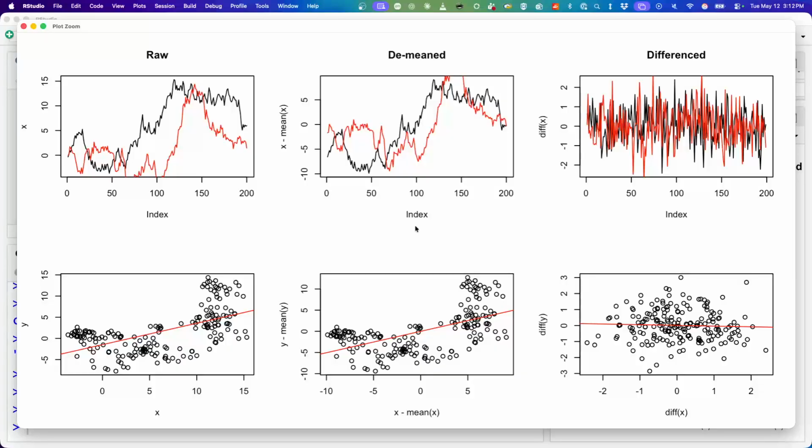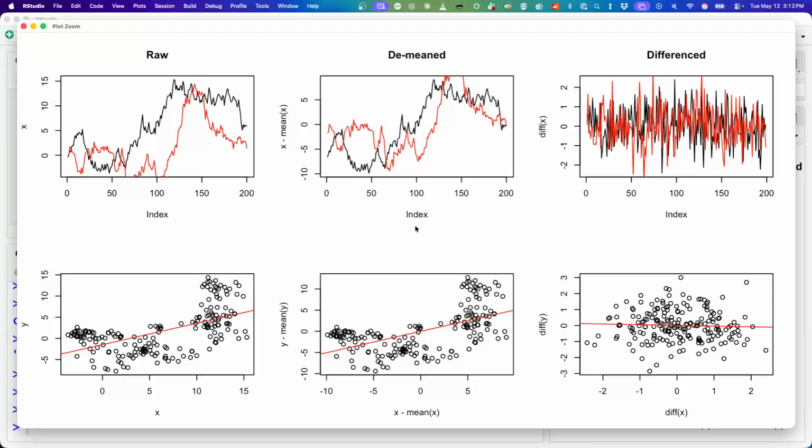And you see it doesn't really do anything. The relationship ends up being kind of the same when we look at the demeaned x values against the demeaned y values.